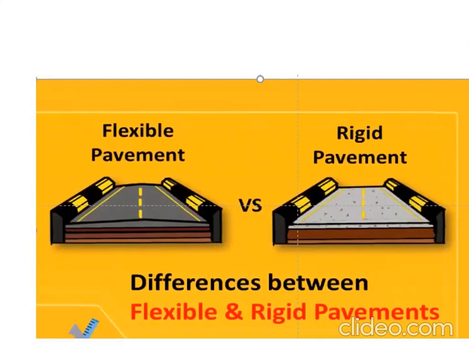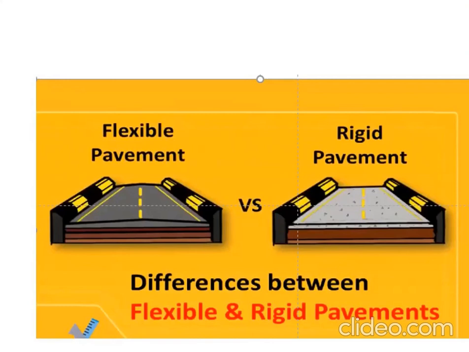You must be wondering whether you can place a rigid pavement on a flexible pavement. Maybe, but the experience of doing that is not very fruitful. People have laid rigid pavement on an asphalt pavement, but the results were not good. When I lay an asphalt pavement on a rigid pavement, I don't have to do much except some treatment.